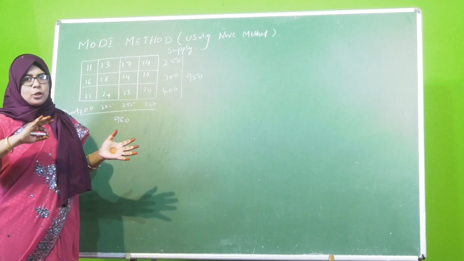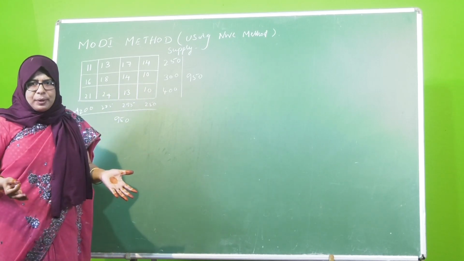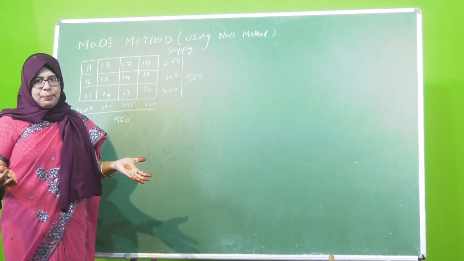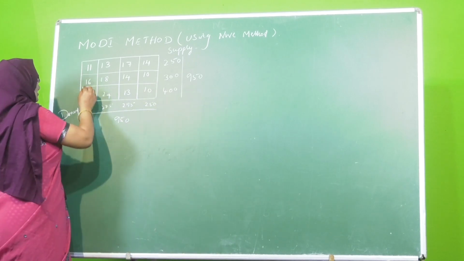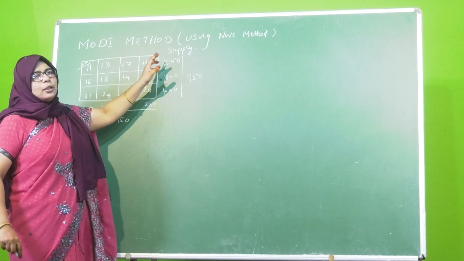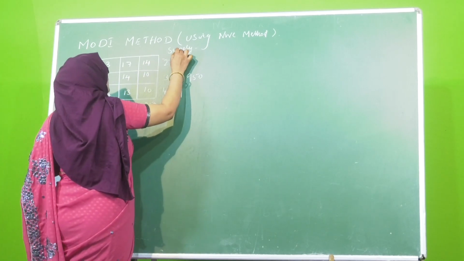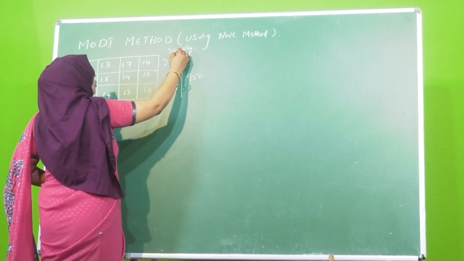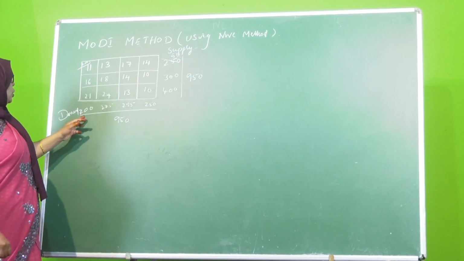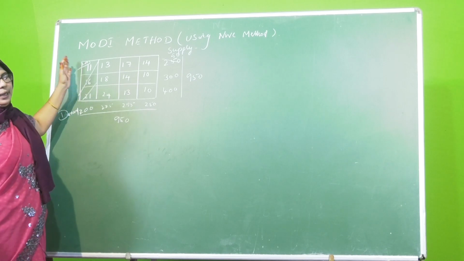Among these two values, 200 and 250, which one is minimum? 200 is obviously minimum. So, we allocate 200 and subtract 250 minus 200. So, we are getting 50 balance. This column vanishes because the 200 is allocated.